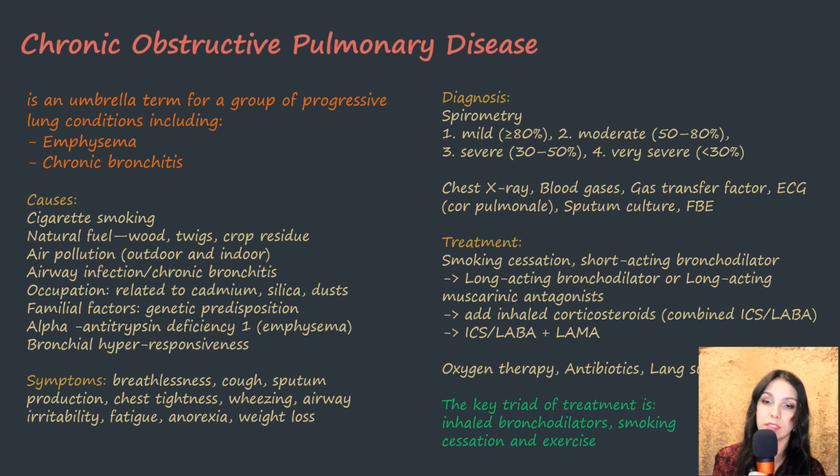And if it doesn't help, it will be inhaled corticosteroids, LABA, and LAMA, which is long-acting muscarinic antagonists. Also, therapy includes oxygen therapy, antibiotics, and in some cases lung surgery.